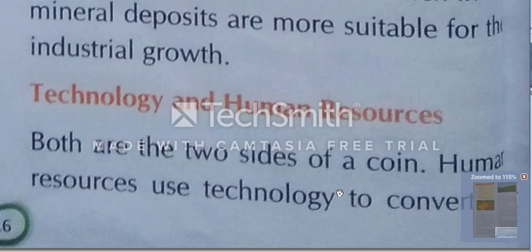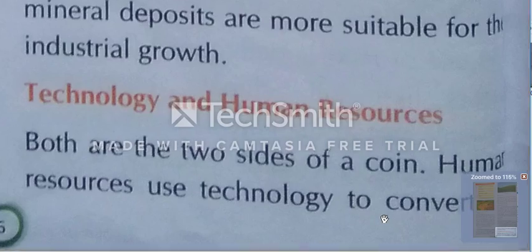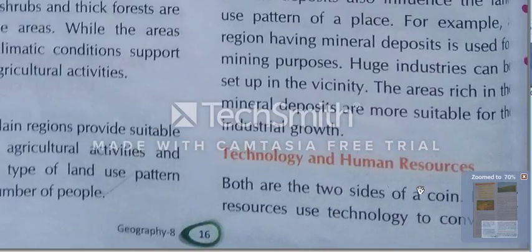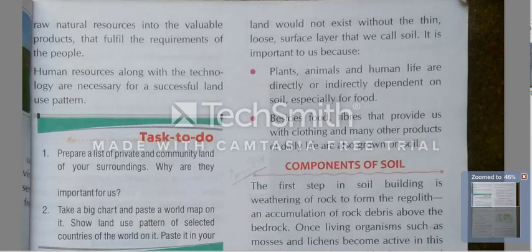Human resources use technology to convert, means change. Humans use the technology to change or convert the resources, the raw natural resources, into valuable products that fulfill the requirements of the people.